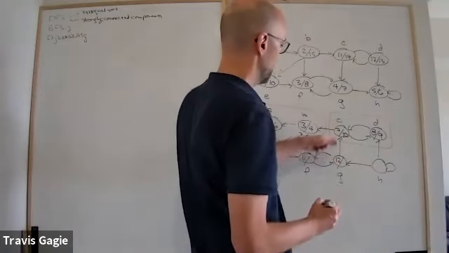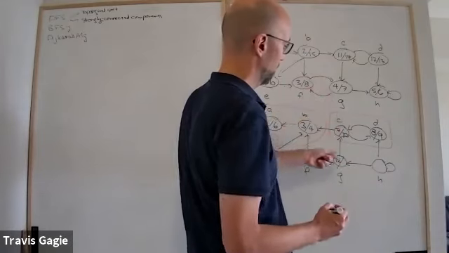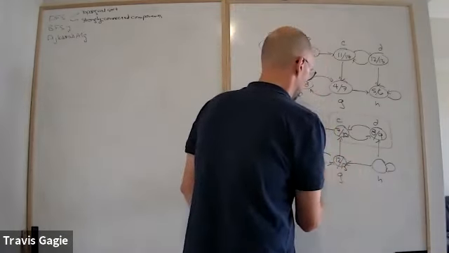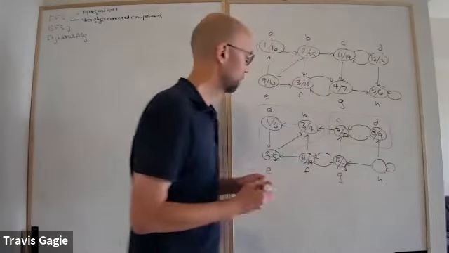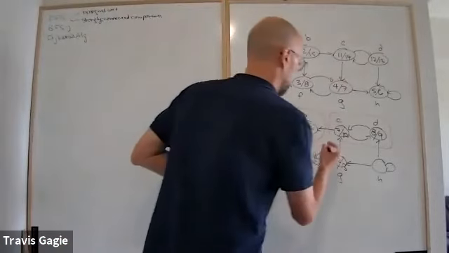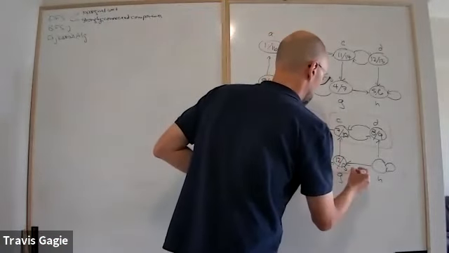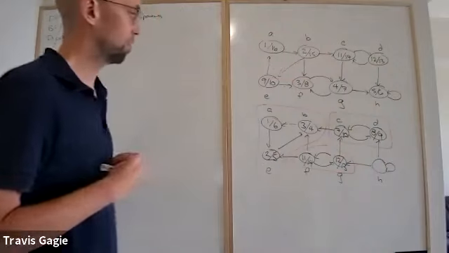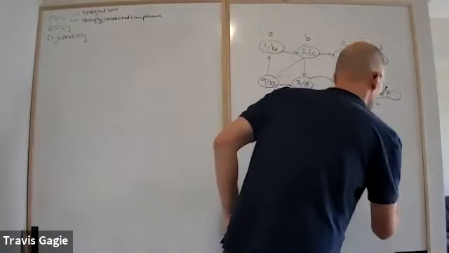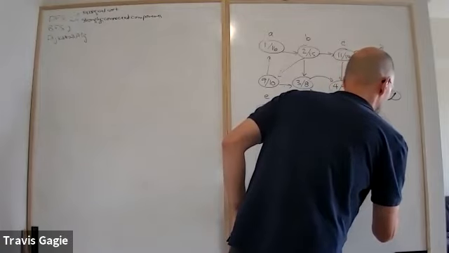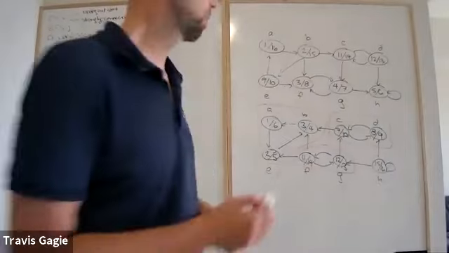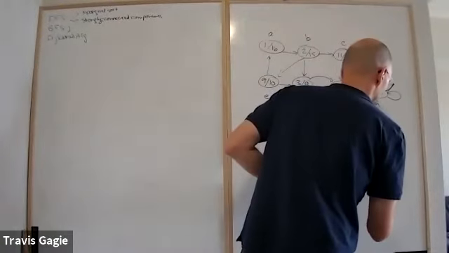And from G, we can go to C, but we can't. We've been there before. We can't get to H. So this is 13, 14. And that DFS is done. So that's a strongly connected component. And then H, 15, 16 is its only strongly connected component.